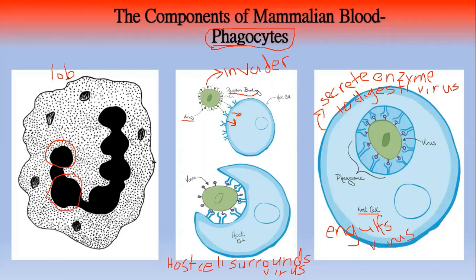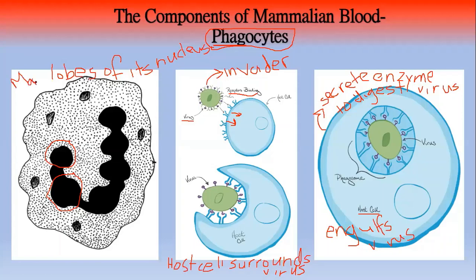So the nucleus of a phagocyte has many lobes. That's a key factor in identifying a phagocyte, the multi-lobed nucleus, many lobes of its nucleus.